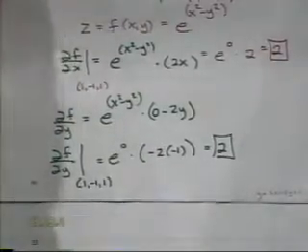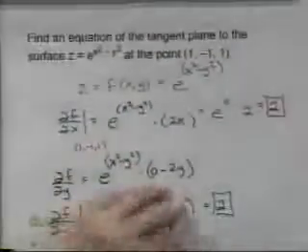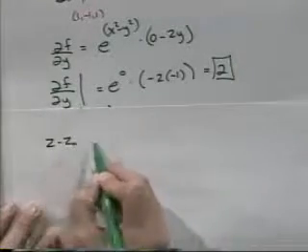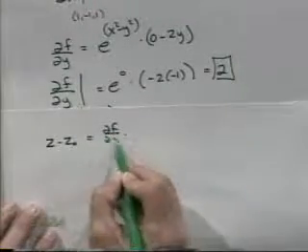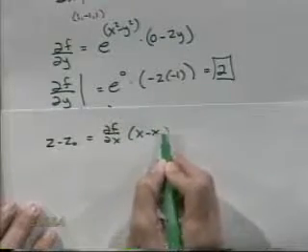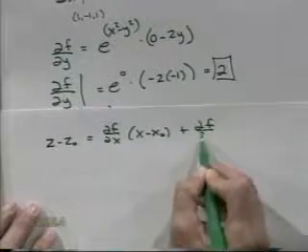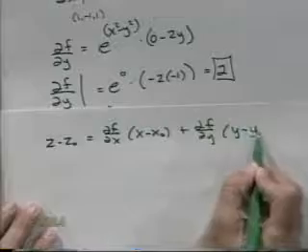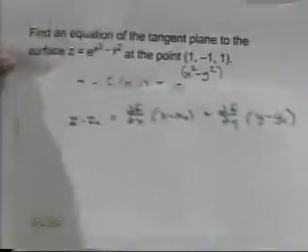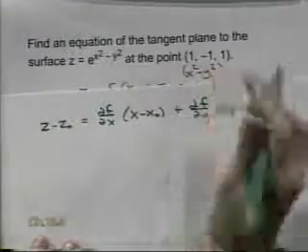All right, and we know now our equation for the tangent plane, which we're going to have memorized, is z minus z naught equals the partial of f with respect to x times x minus x naught plus the partial of f with respect to y times y minus y naught. And let's see, our particular point is (1, -1, 1).